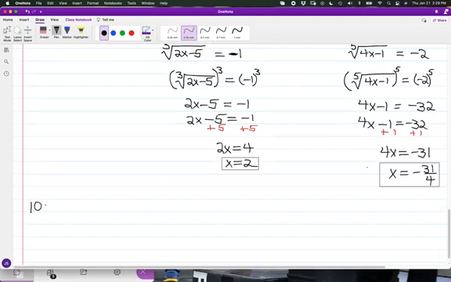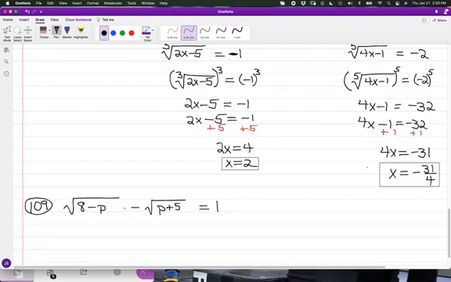For 109, we're looking at solving for the variable p, whereupon we have the square root of 8 minus p minus the square root of p plus 5 is equal to 1. Notice we have not one radical expression like we have had throughout the examples and problems we have encountered so far, but 2.